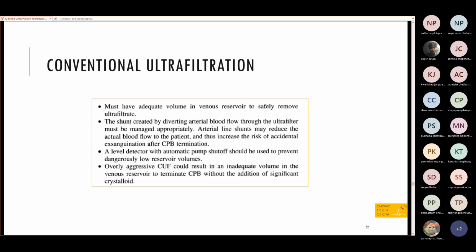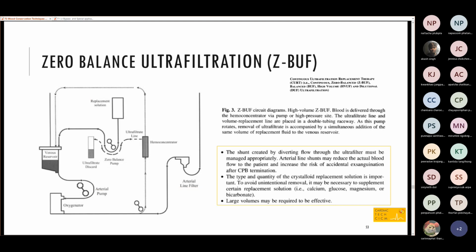If we do not have enough volume in the venous reservoir, we are going to give more saline into the reservoir again. So that does not help us, right? So we need to optimize this process when using it in the CPB. Okay.